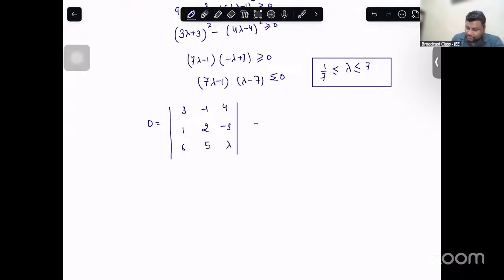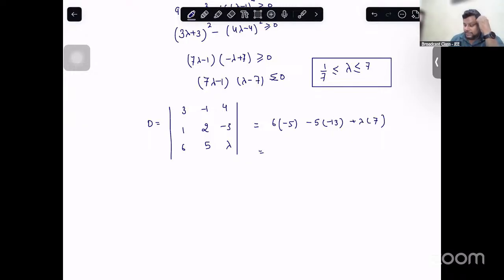So if I try to calculate it, it is 6 times (3 minus 8) minus 5 times (minus 9 minus 4), that is minus 13, plus lambda times (6 plus 1), that is 7.